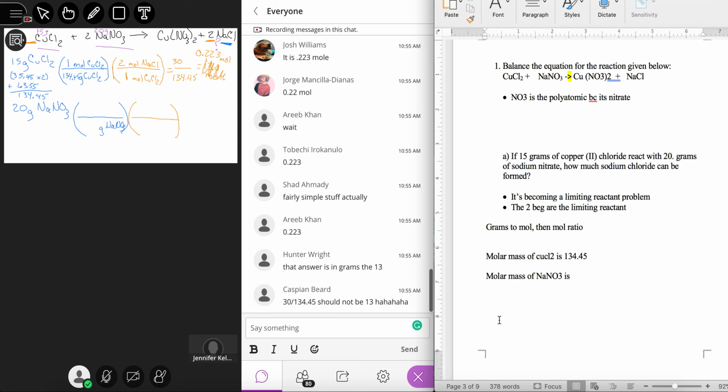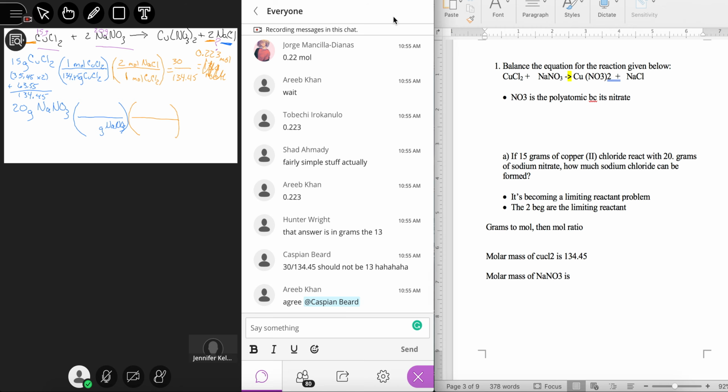So I'm not checking these numbers in a calculator. So if you get something different in your calculator, just keep that in mind. Okay. All right. So we got that part. Now we can go all the way over to grams of sodium chloride. We don't have to at this point because that would be an extra step. And let's not do extra step.